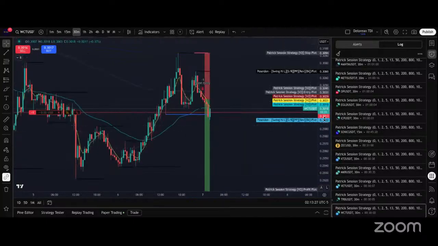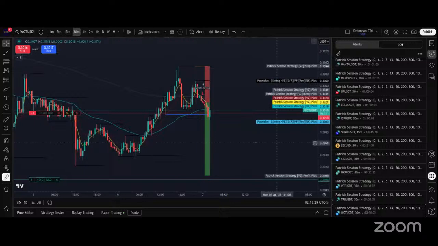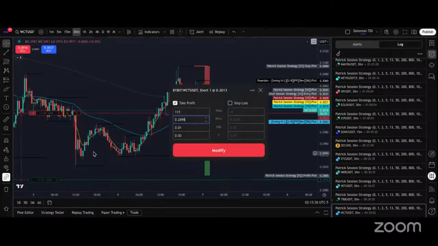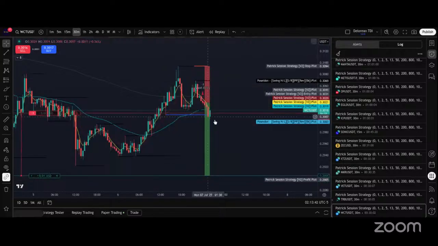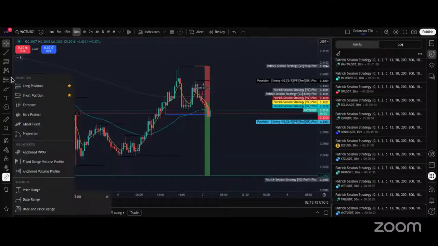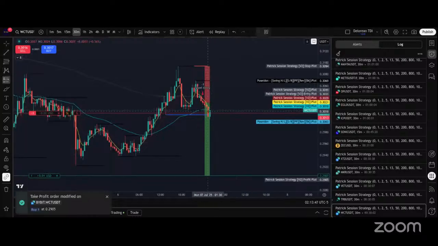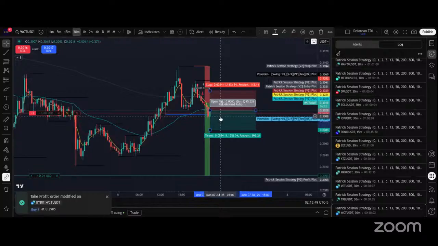We have WCT versus Tether. 0.2905. I actually saw this earlier, only a 15-minute setup.